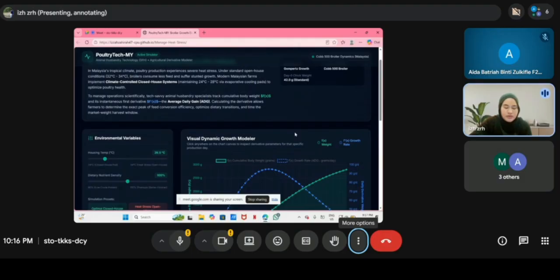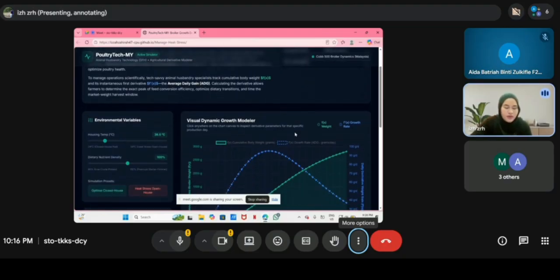We need to track the rate of growth by taking the instantaneous first derivative f'(x). We find the average daily gain, ADG. Calculating this derivative allows farmers to determine the exact peak of feed conversion efficiency, precisely time dietary transition, and pinpoint the ideal market weight harvest window.